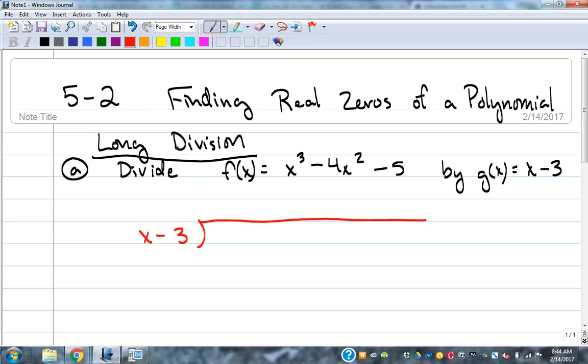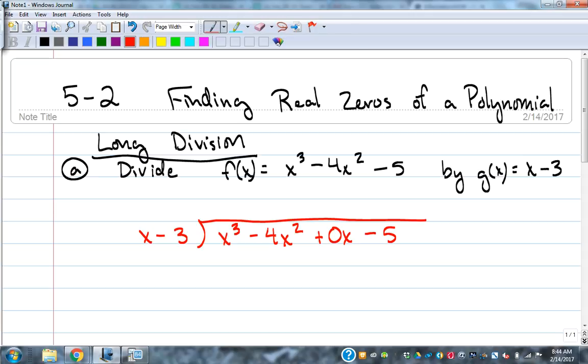So there should be a term that has x on it. There's not one there, so you're going to put a 0 in its place, or 0x in its place. So we got x cubed minus 4x squared plus 0x, and then the minus 5. Having them in descending order is really important. If they're not in descending order, it can be done, but it sure does make it difficult.